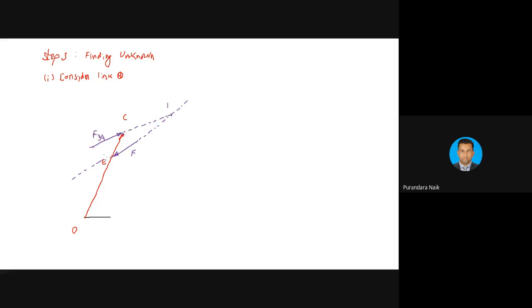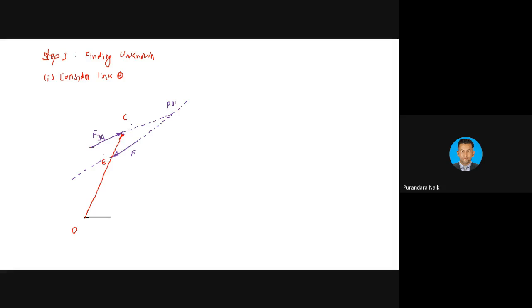This is called as POC, point of concurrency. Okay, you need to extend these two forces, known forces. This force we know the direction, so that's why we have extended.